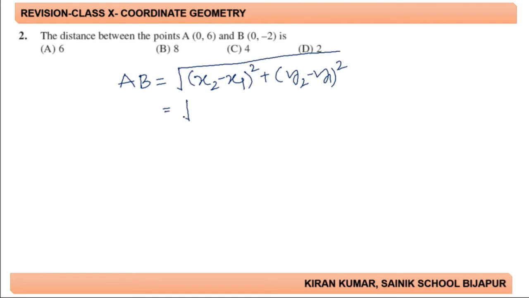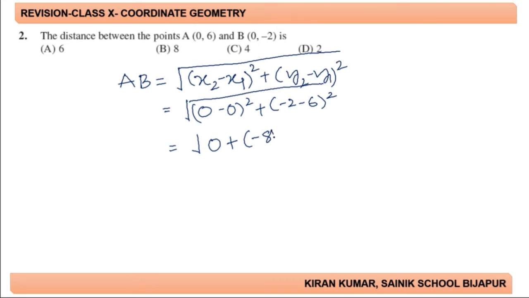If we substitute the values, we get 0 minus 0 whole square plus minus 2 minus 6 whole square. This will be root of 0 added to negative 8 square, which is root of 64, nothing but 8 units. Therefore, this verifies that option B is the right answer.